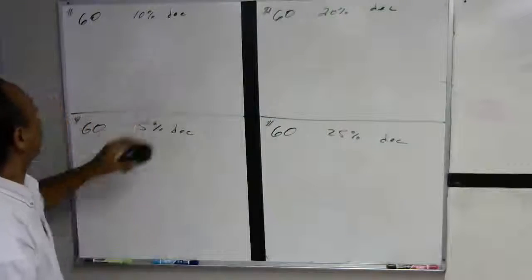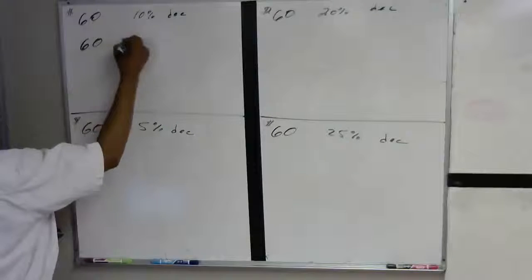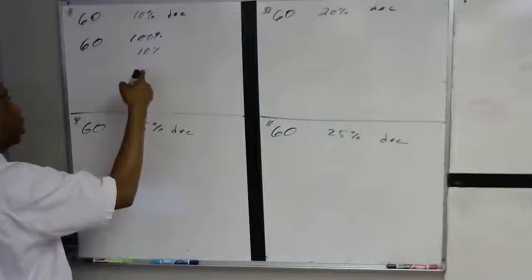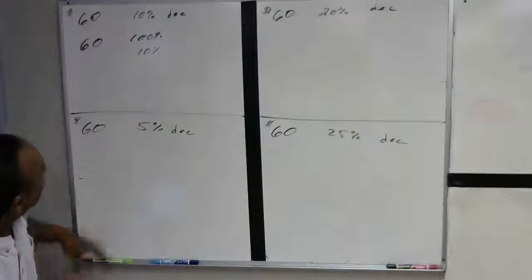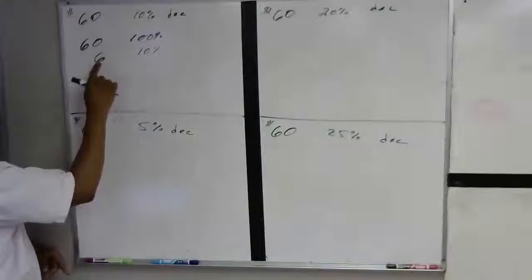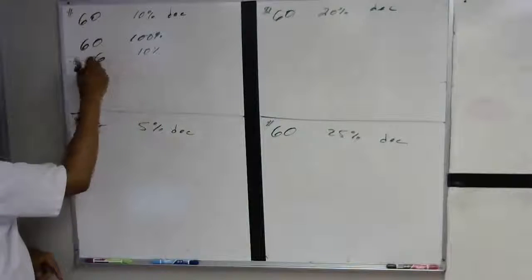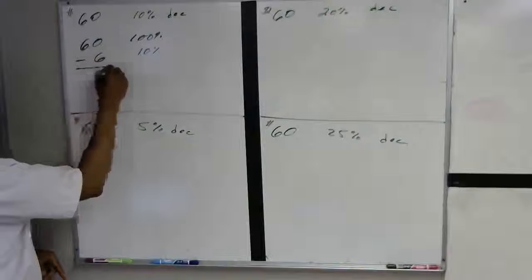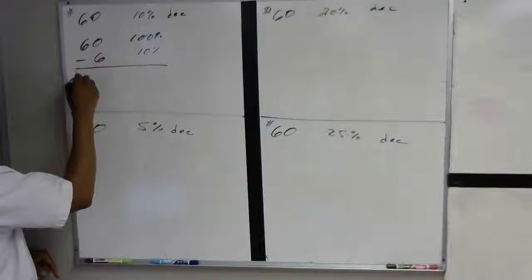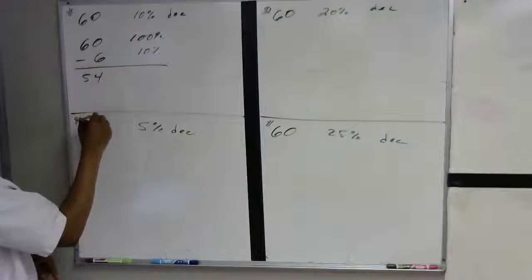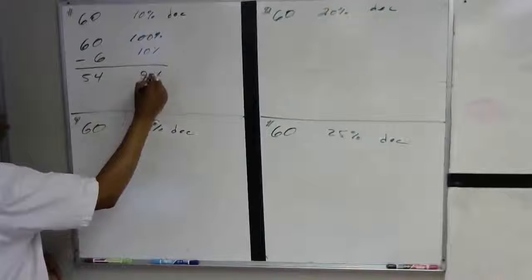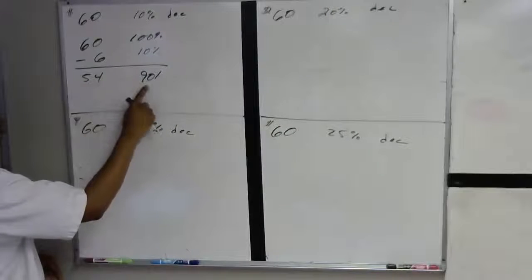Once again, 60 represents 100%, and I want to find out what is 10%. Well, if I divide this by 10 or move the decimal over, I'll get 6. So 6 represents 10%. We're going to decrease this by 6. So 60 minus 6 gives us 54. And 100 minus 10% tells us that this is 90% of the original.